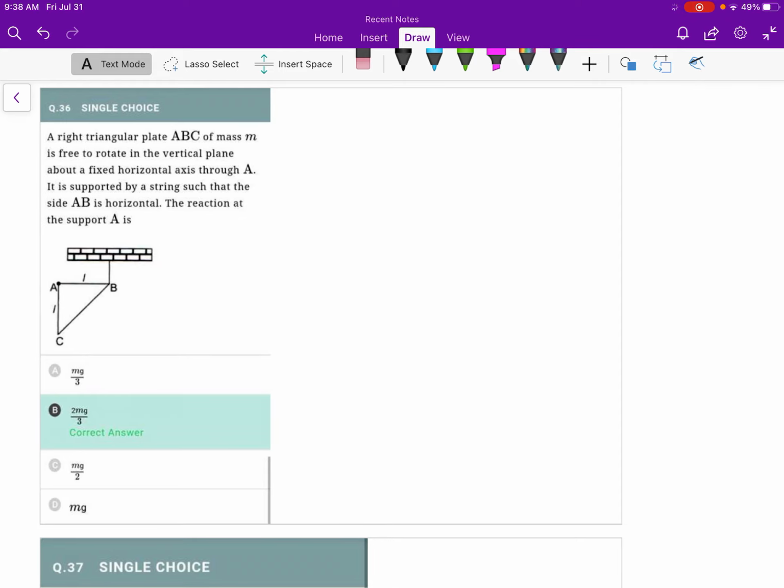It is supported by a string. The reaction of the support. So first we need to calculate the location of center of mass of this triangular lamina. So suppose we consider this as x-axis, this as y-axis.